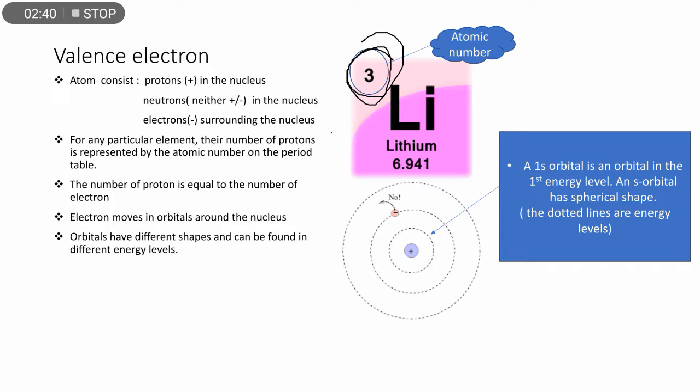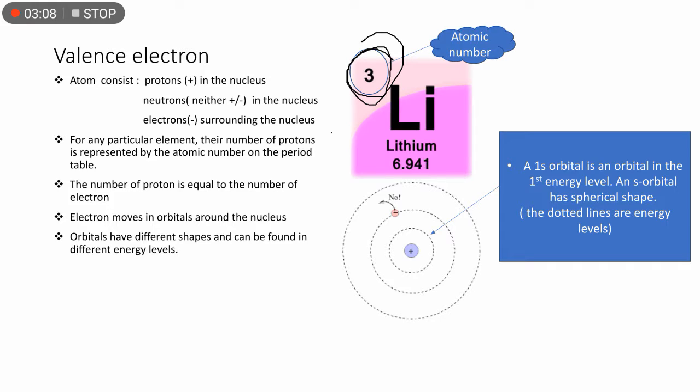Here's a picture that I've pointed out which has 3 energy levels, indicated by these dotted lines. We have the first energy level, the second energy level, the third energy level. And on the first energy level, there is the 1s orbital, which is only found on the first energy level.